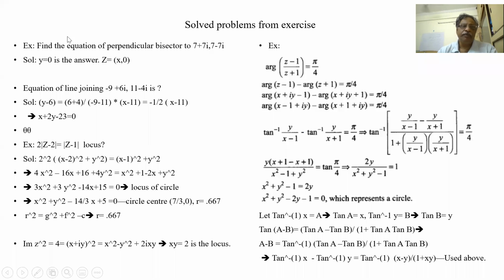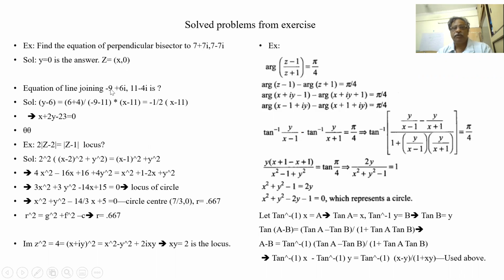Let's see this problem from the exercise. These problems are from the exercise. Find the equation of the perpendicular bisector. If you see here, this is a conjugate. So 7 plus 7i, 7 minus 7i. That means the x-axis is the perpendicular bisector between these two. So the answer is y is 0. Now the equation of the line joining these 2 points.